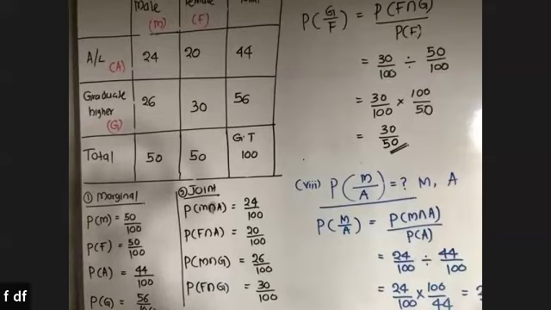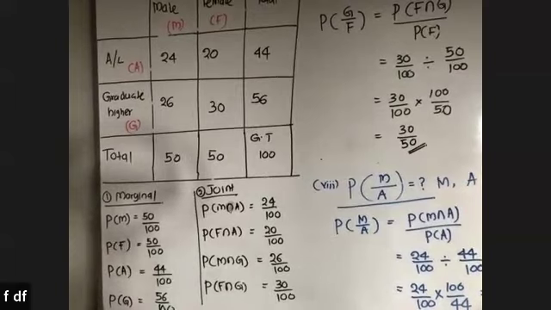So the random variable is assigning a numeric value to each simple event on a sample space. That is called the random variable.